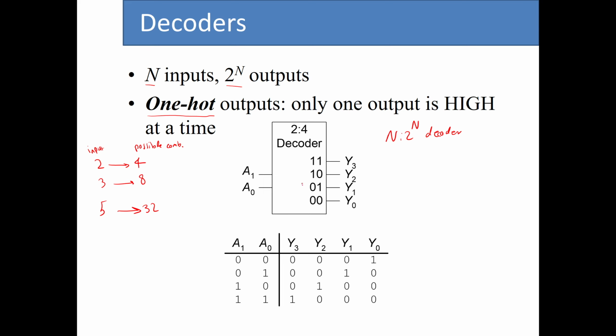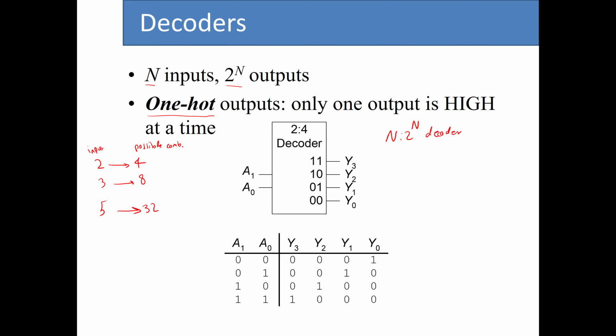Let's take a look at a 2 to 4 decoder. We have A1 and A0 as the 2 inputs, and we have these 4 outputs. The order here does not matter. You can write it as 00, 01, 10, and 11, because this is symbolic.